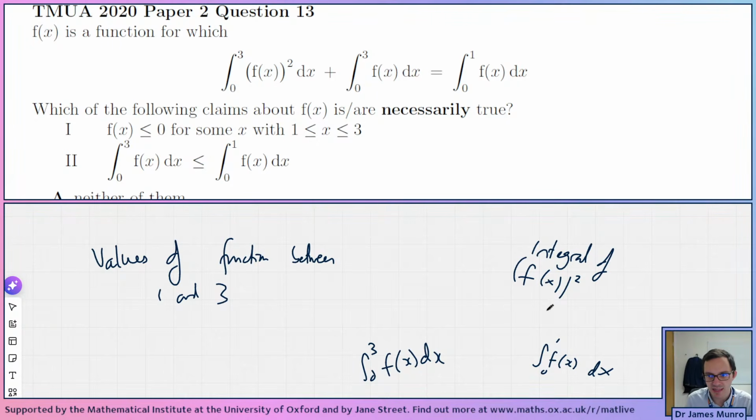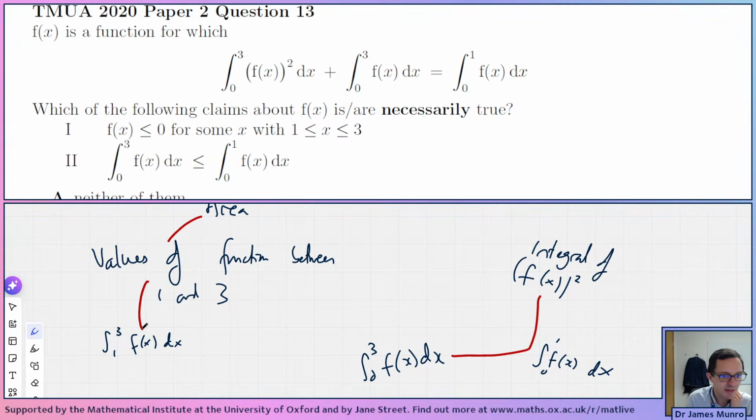So these things are related because they appear together in an equation on the board. And then the values of the function would be related to the integral from 1 to 3. That has something to do with the area, provided that you integrate. And so maybe this integral tells me something about an area where the values are positive.